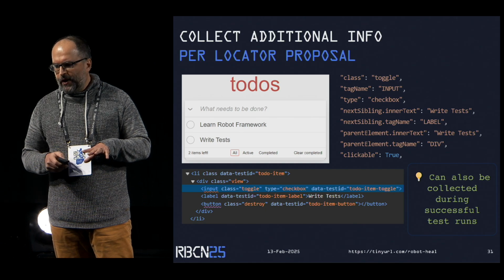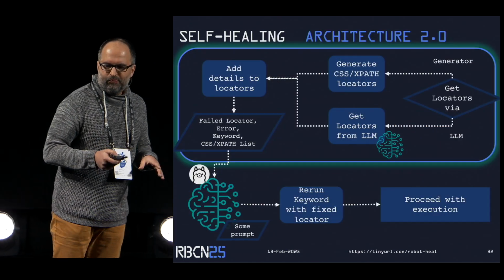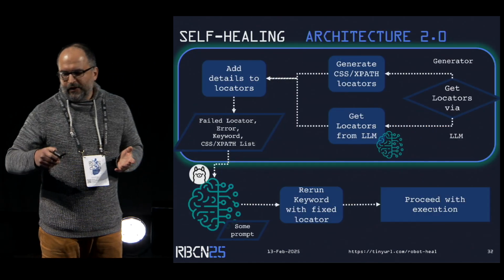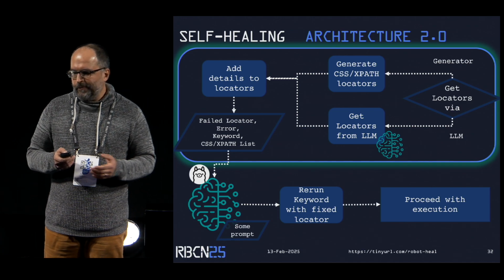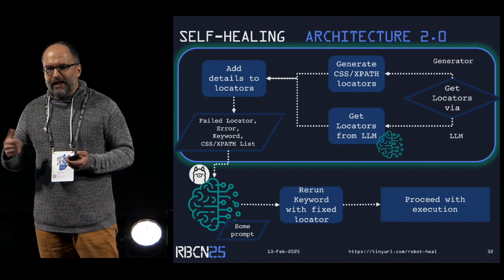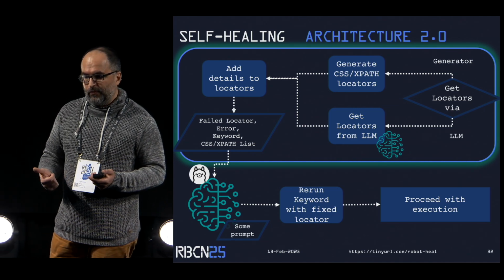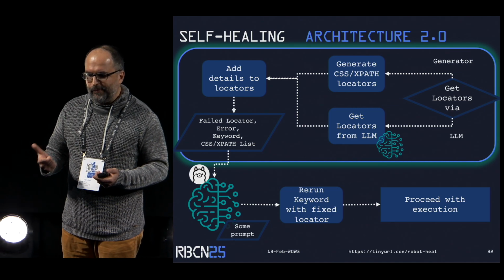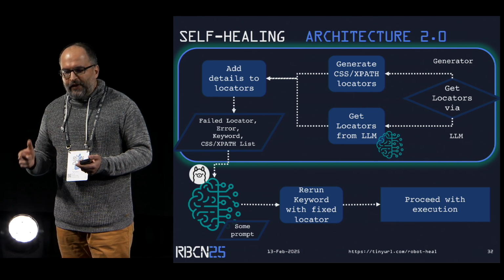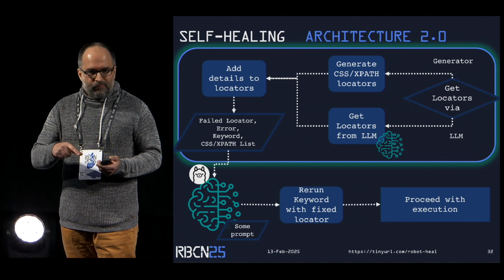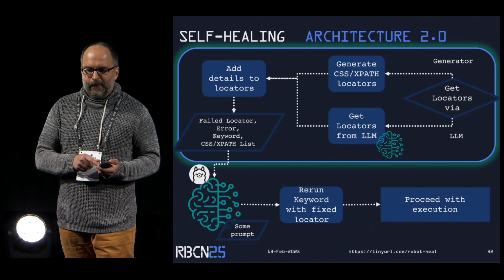And with that, the architecture is now a bit different. Instead of just relying on large language models, I'm having two options to get the fixed locators, either via the large language model or via the CSS XPath generator. Then I'm adding those additional information to each locator proposal.